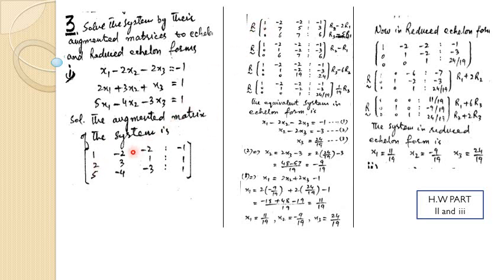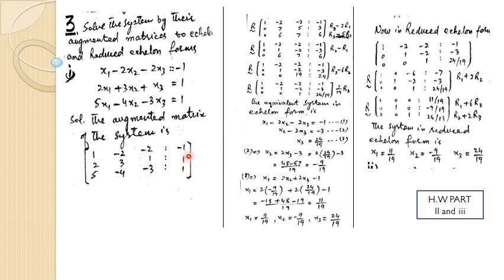Again, minus 2 multiplied by 2 is minus 4, so r2 minus 2r1: 3 minus 4 minus... minus minus plus, so 3 plus 4 is 7. And then 1 minus 2 times 2, minus 4, so 1 plus 4 is 5, you can see here.